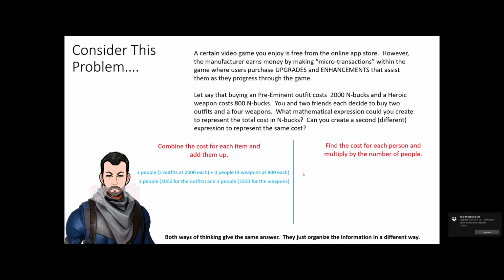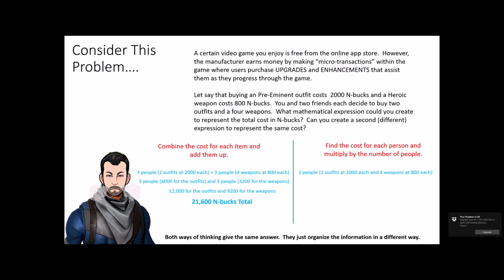That means that each of those 3 people is going to spend $4,000 on an outfit, and each of those 3 people is going to spend 3,200 in bucks, I think I said dollars, in bucks on the weapons. Which means altogether, we're going to spend 12,000 in bucks on outfits and 9,600 in bucks on weapons, for a total of 21,600 in bucks.